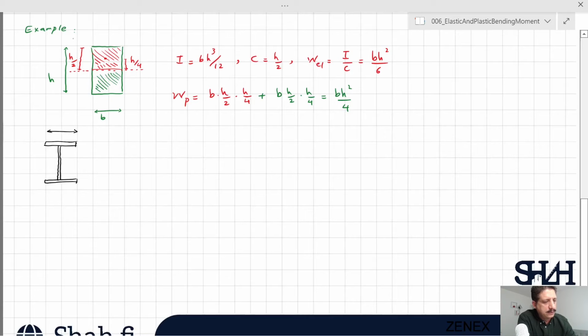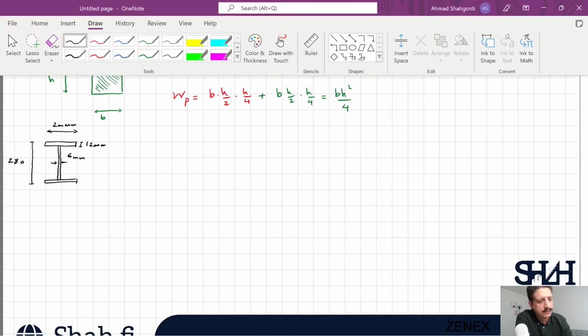Let's say 200 millimeter with the thickness of 12 millimeter. And the height is 280 and the thickness of the web is 6 millimeter. Now, for W elastic, we need to calculate moment of inertia.